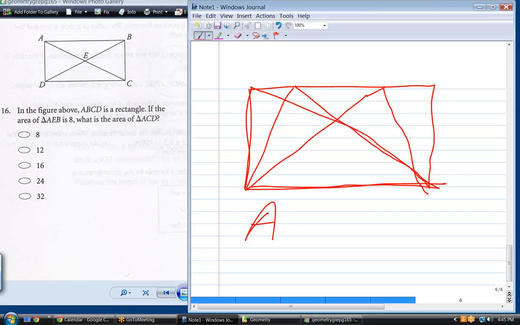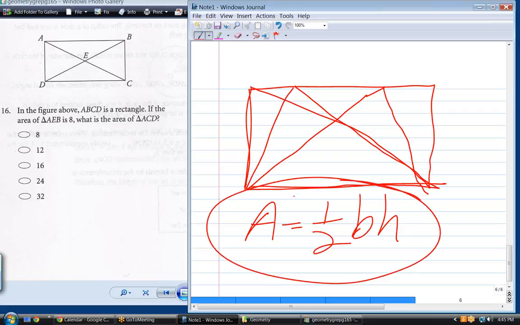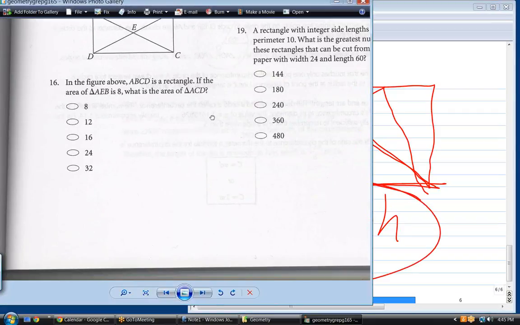Notice the area of the triangle is always half of the area of the rectangle. So we know that ACD has to be half the total area of the rectangle. All triangles that you put in there are always half. Thus, we get the formula for the area of a triangle is 1/2 base times height.